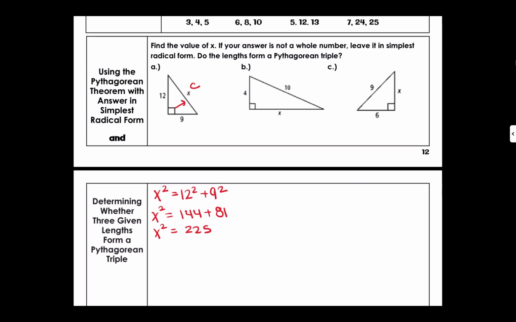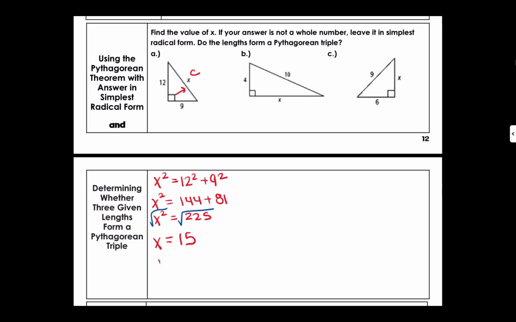Take the square root of both sides. We get x equals, and if we look, 225 is a perfect square, so it's on our list. So x equals 15. So our numbers are 9, 12, and 15, which is a Pythagorean triple. They're all whole numbers.